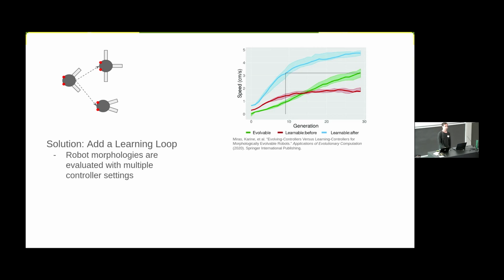But it also depends on how you compare it. In this case, it's compared over generations, or as I maybe would like to say, over total number of morphologies evaluated. And this makes a lot of sense if you evolve in a real world, where creating a robot is a much higher cost than evaluating a robot.